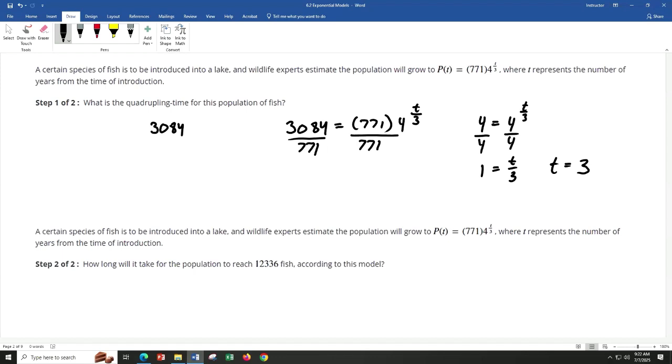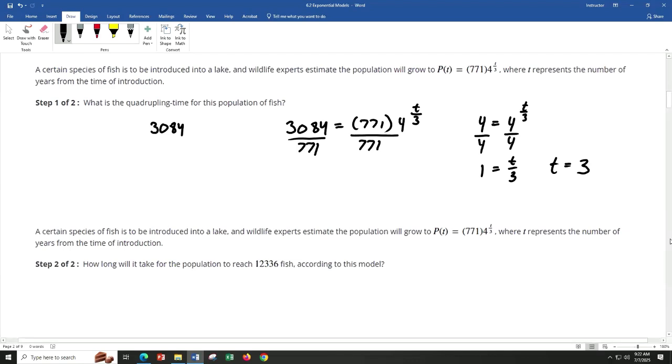So notice, by knowing this value, I can say that in 3 years after this initial dump, that's how many fish I'm going to have, more or less. You'd be surprised how accurate some of these are, especially once they find out the growth rate of something.